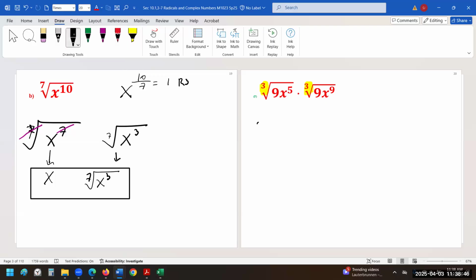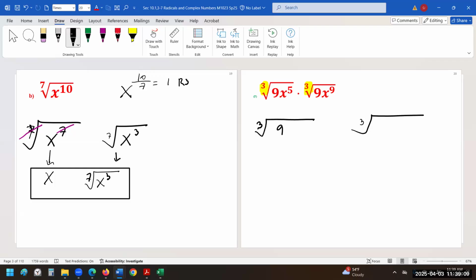So what we do, we write 2 big radicals. We put the numbers together as a multiplication. We put the variables together as a multiplication.